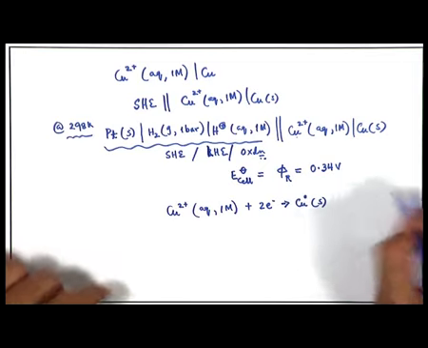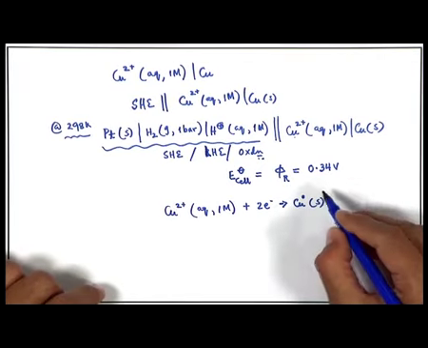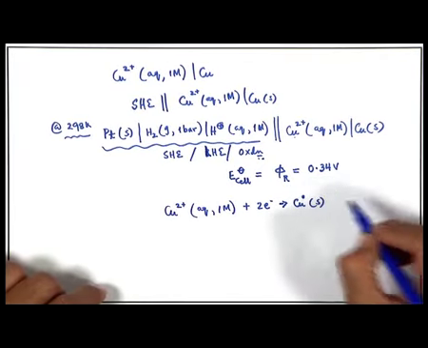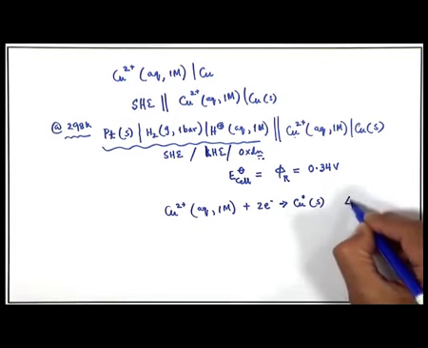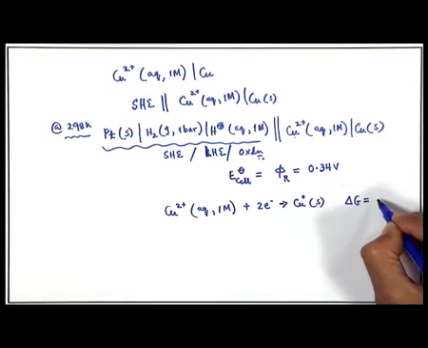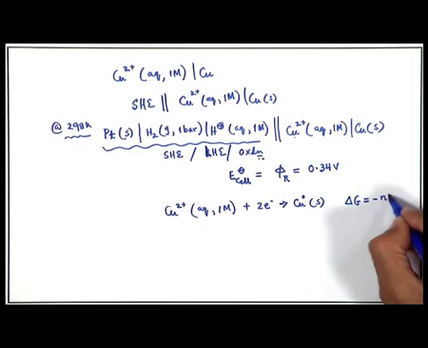So, if you want to express this in terms of delta G, then delta G will be equal to minus nFE. So, since E is positive, this E cell is positive.